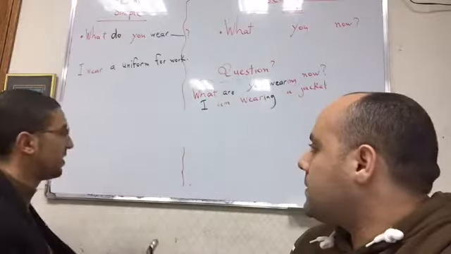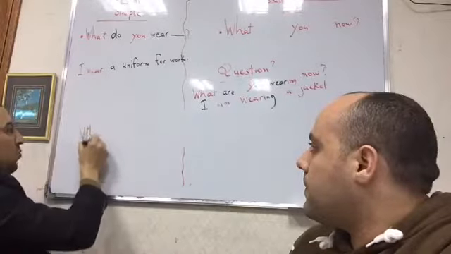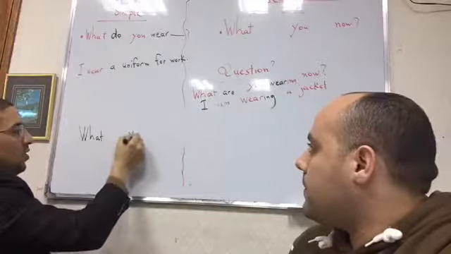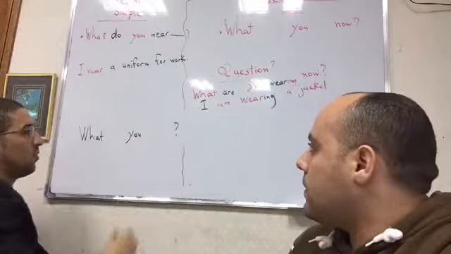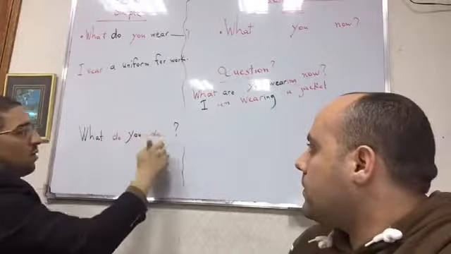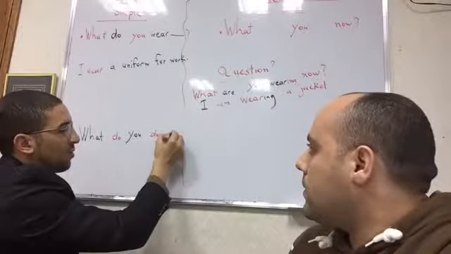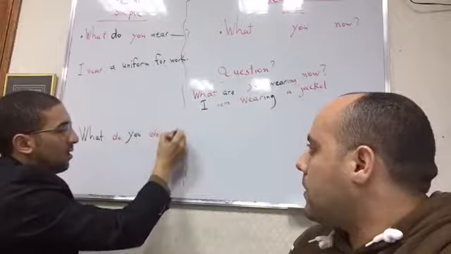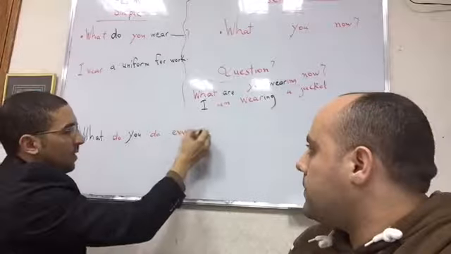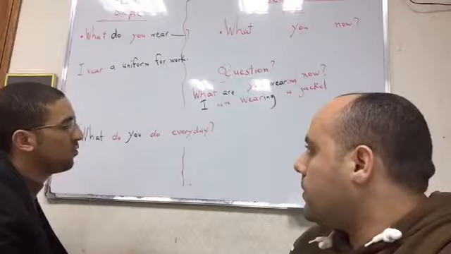I ask you this question: what do you do? Now, if I write the time expression every day, this means that I'm asking you about your daily life. What do you do every day?